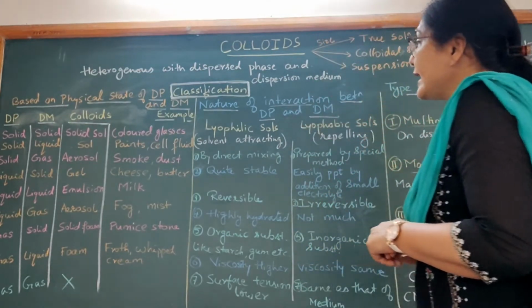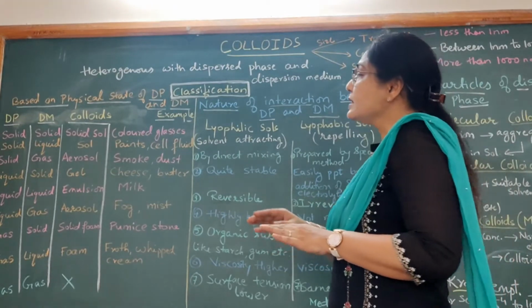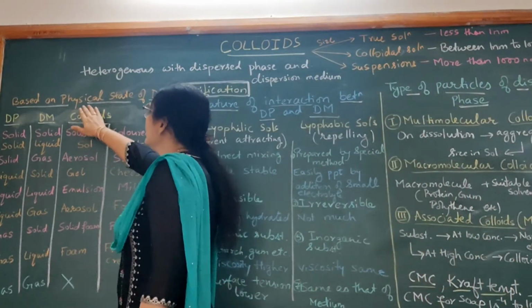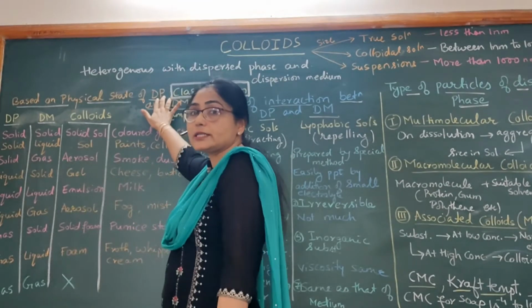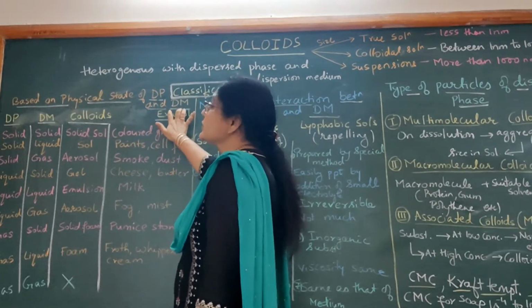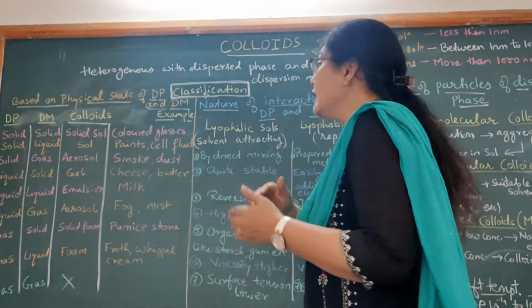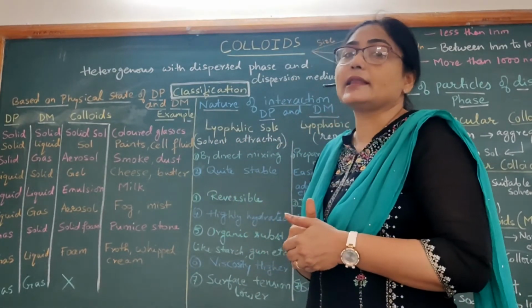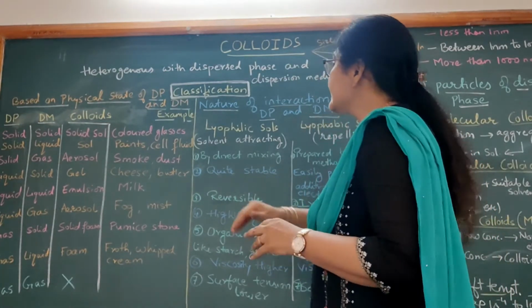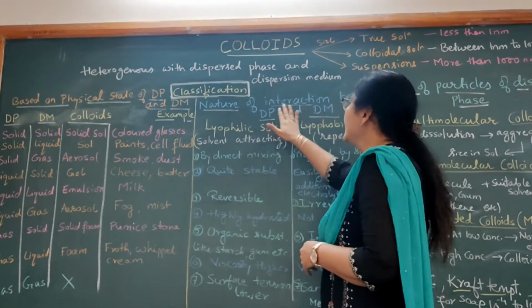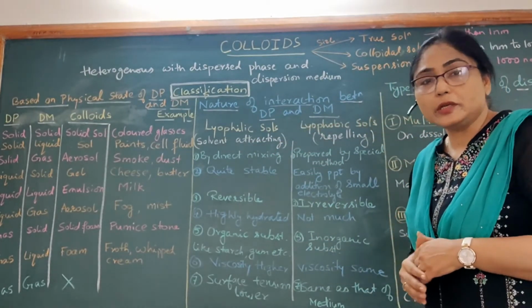We can classify colloids into three types. The first classification is based on the physical state of the dispersed phase and the dispersion medium. DP stands for dispersed phase. The second classification is based on the nature of interaction between the dispersed phase and the dispersion medium.